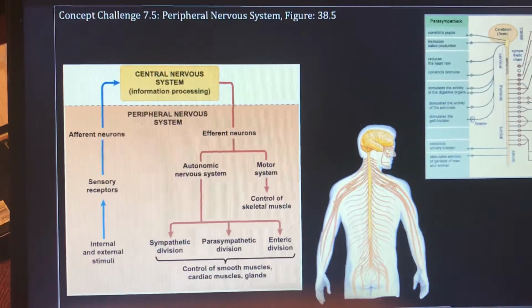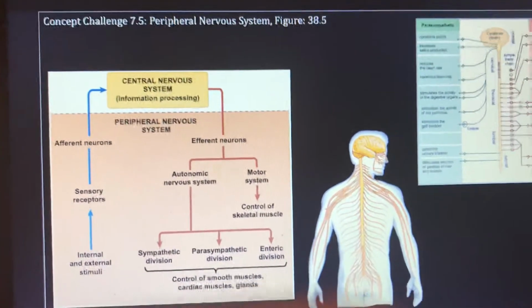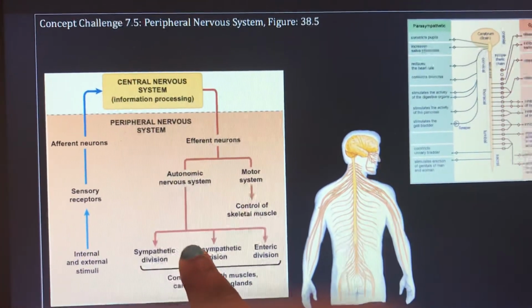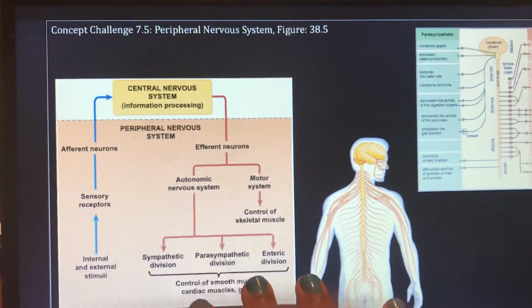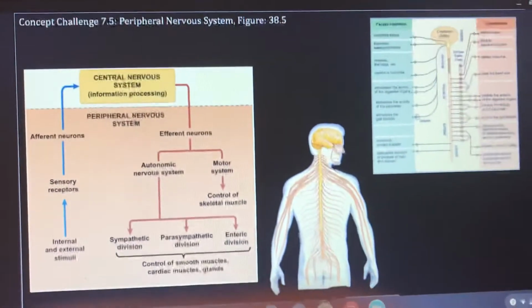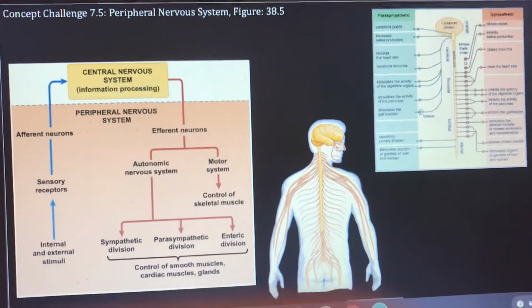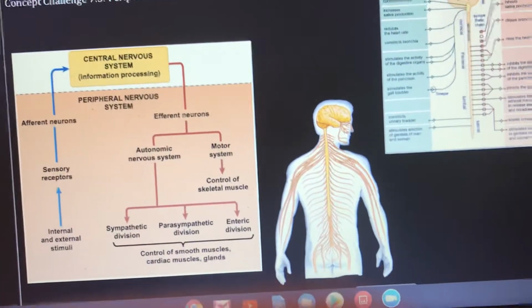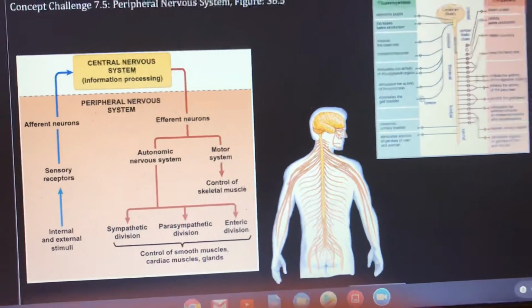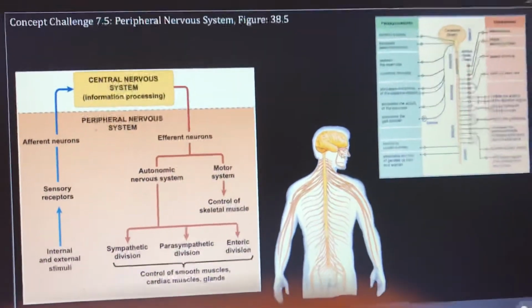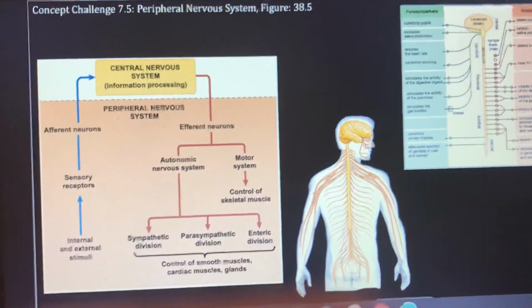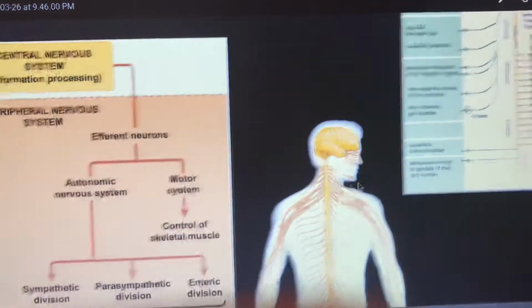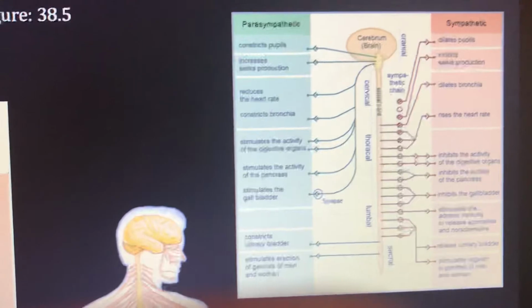When researching this part, I also discovered that it was broken up into these three. But for the concept challenge, I only had to define the difference between the sympathetic and the parasympathetic. The parasympathetic is known as our rest and digestion. Here we can see a comparison of the two.